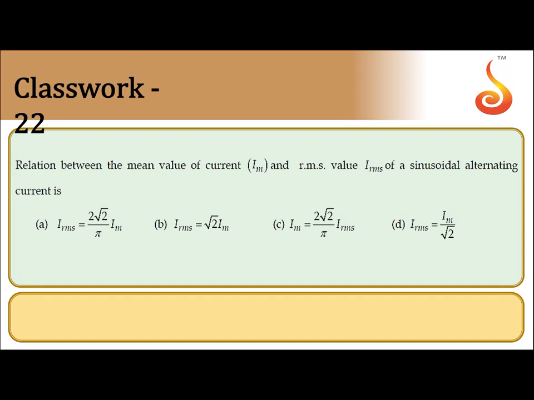So we know that mean value of current is 2 I naught by pi, where I naught is the peak value, and RMS value is I naught by root 2.